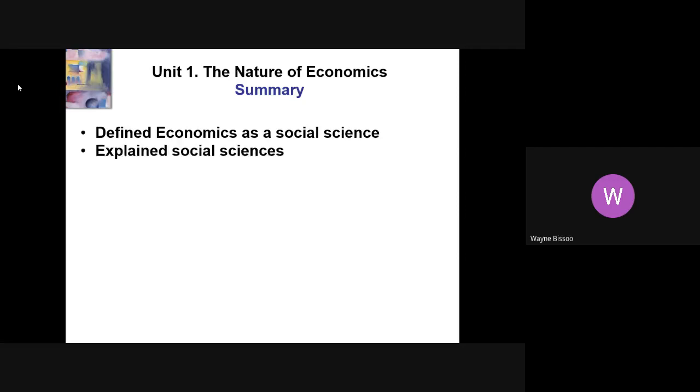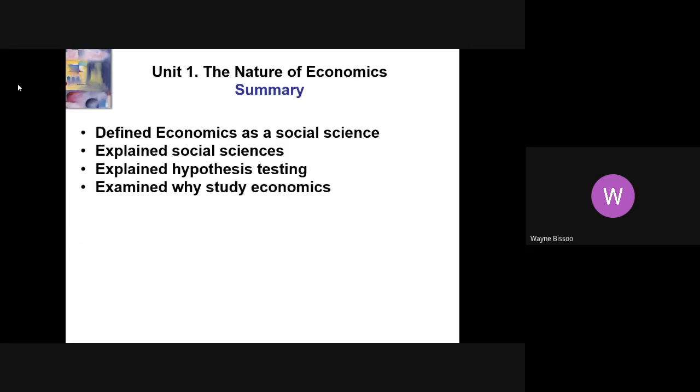So that kind of brings us to the end of Unit 1. We have a summary here. What we looked at was defining economics as a social science. We explained what the social science was. We explained the process of how studying society follows scientific method by explaining a bit of hypothesis testing. We examined why we studied economics and we gave those 5 reasons.